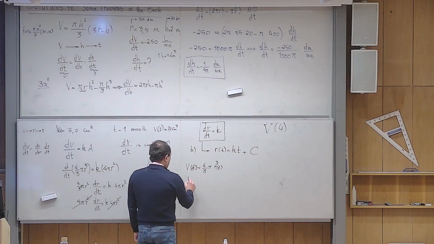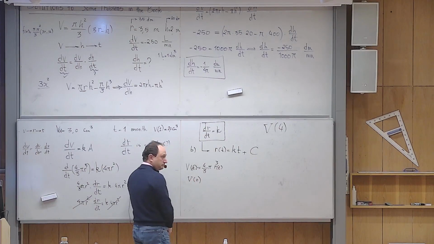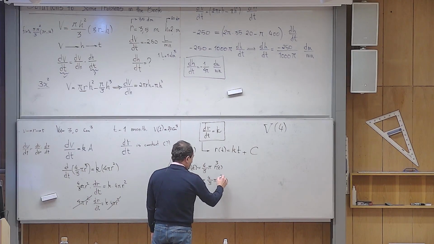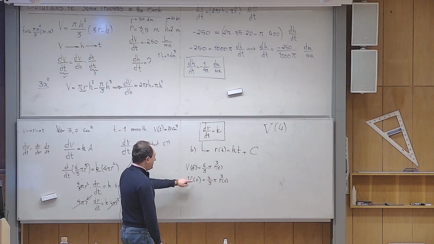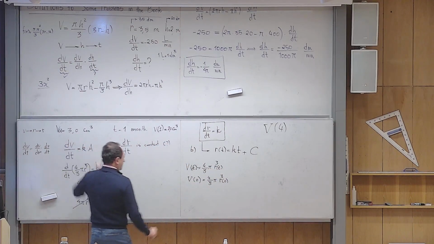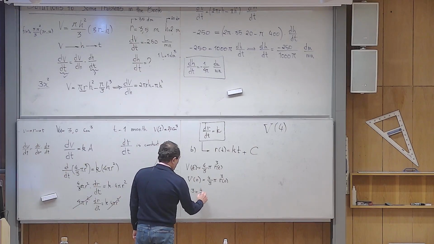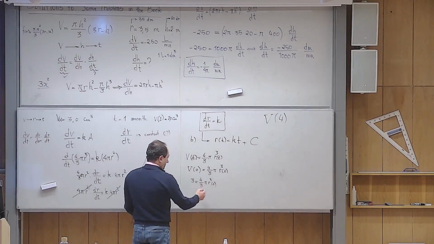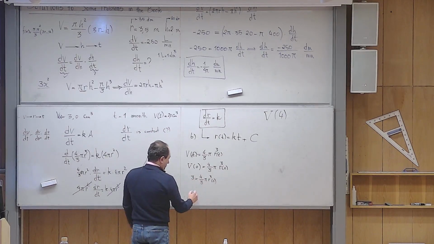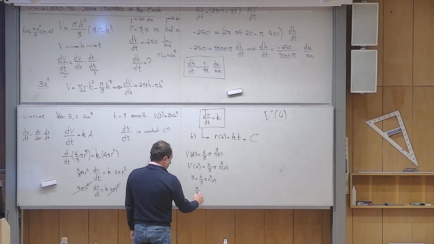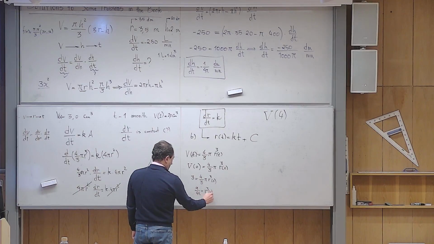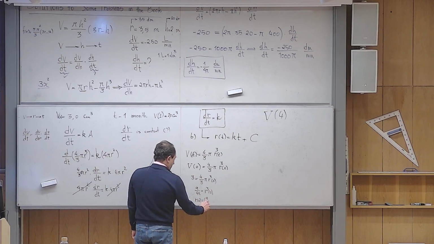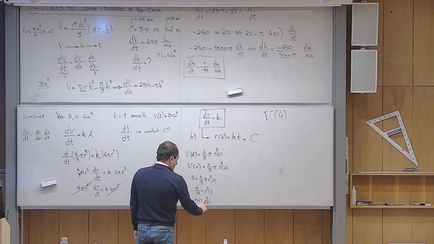This means that V at time 0 is equal to 4/3 pi r at 0 to the power 3. But V at 0 is given to me to be 3, so this becomes 3 = 4/3 pi r(0)^3, and then I multiply by 3, divide by 4 pi, it becomes 9/(4 pi). This becomes this number to the power 3, so this means r of 0 is this number. Let me write the third root, it is easier.